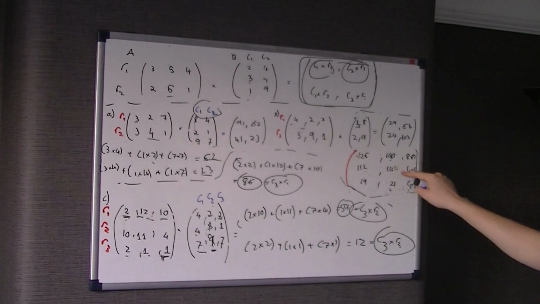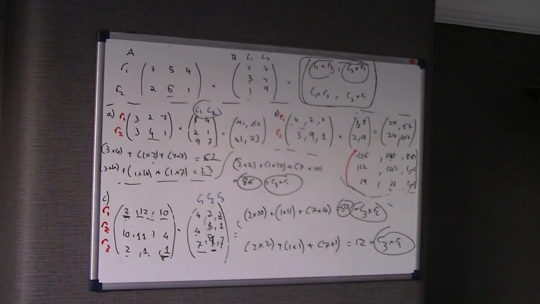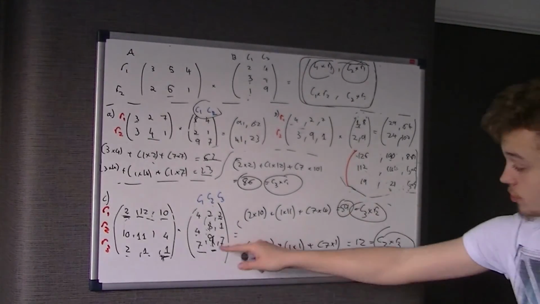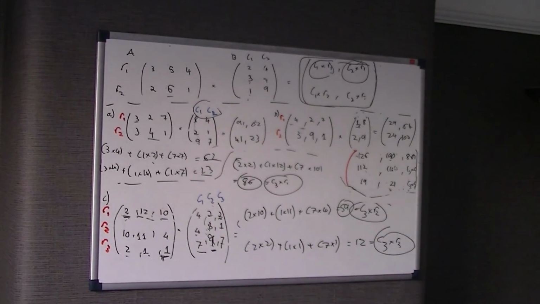So column 2 times row 1, row 2, row 3, and then times row 4. And then the third column in the answer matrix would be the sum of the third column in the second matrix, so this one, times all of the rows of the first matrix.